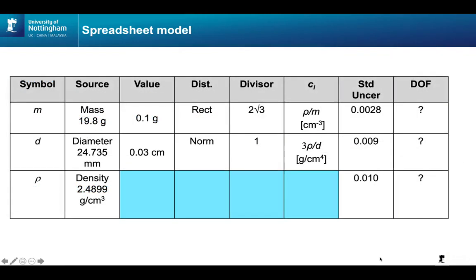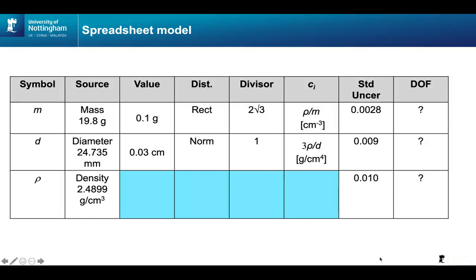So here's the spreadsheet model. I've filled it in for our density example. So the symbol M, in this case, if we just look at the mass term, the measured mass was 19.8 grams. The value of the uncertainty, the error, was 0.1 grams. We said that was rectangular because it was a resolution term.